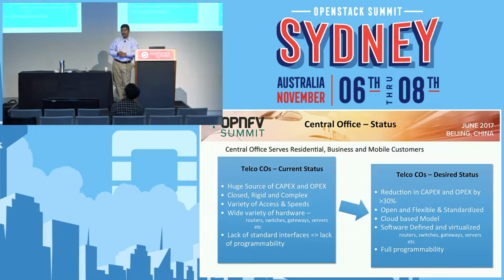The goal of these service providers, as I talk to them, is to reduce that CapEx and OpEx by more than 30%, operate in a flexible and standardized environment, build a la cloud model, and of course leverage the principles of software-defined infrastructure and provide some level of full programmability.